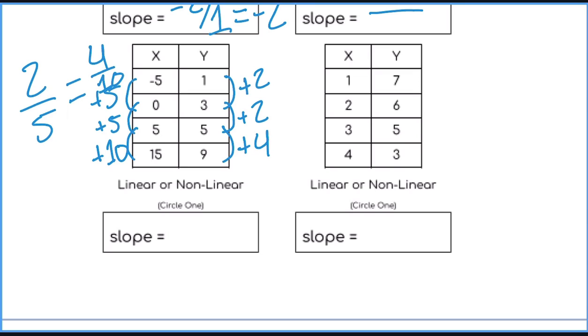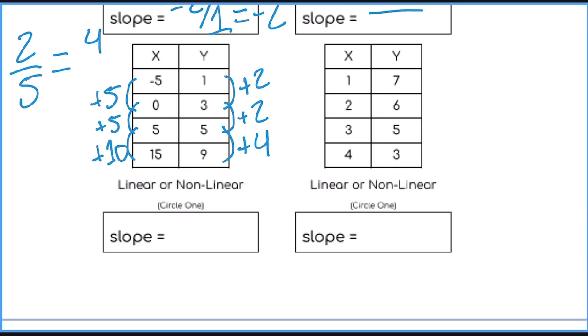You guys, I write way too big. I'm going to rewrite that so that you understand what I'm trying to say. So now do we think this is linear or nonlinear? Linear. And what is my slope? 2 over 5.